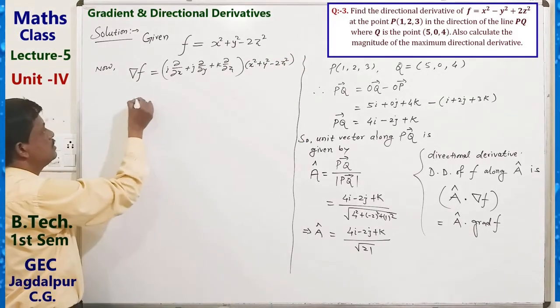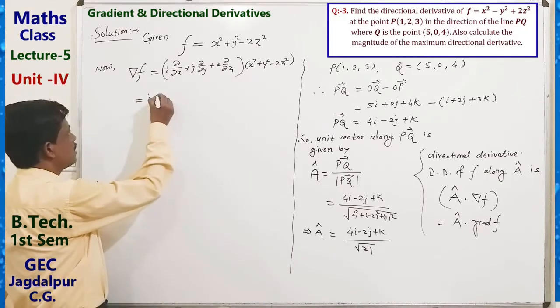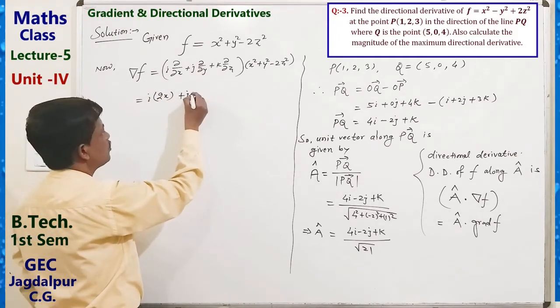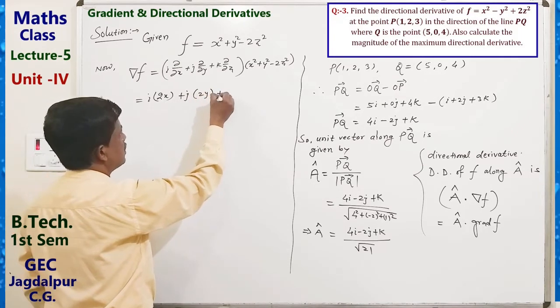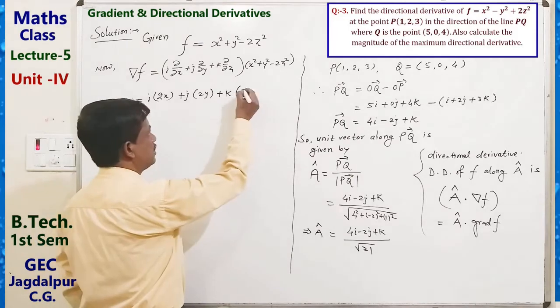So i del/del x with respect to x gives 2x, plus j del/del y with respect to y gives 2y, plus k with respect to z gives minus 4z.